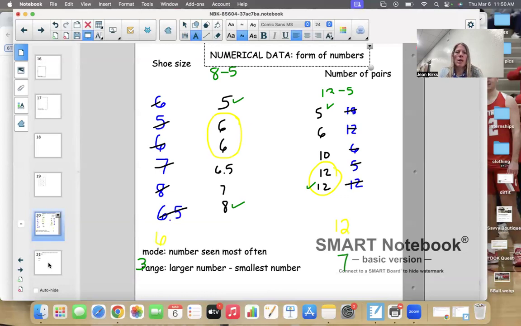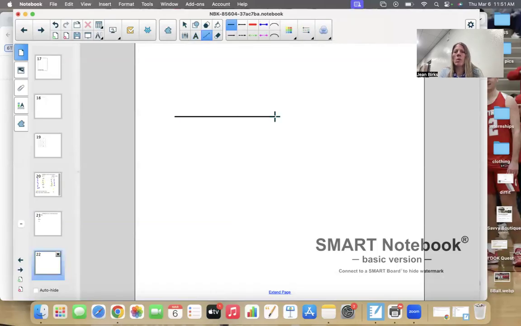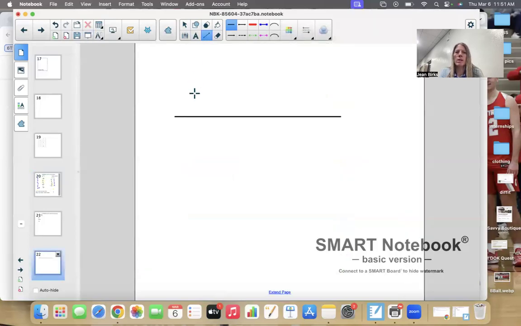Okay. I could take, for example, these shoe sizes, and this is what we're going to build with that data. So I've got 5, 6, 6, 6.5, 7, 8. 5, 6, 7, 8. 5 was my lowest.